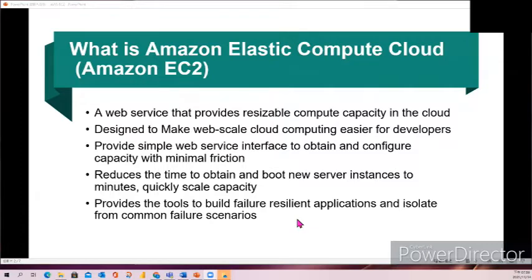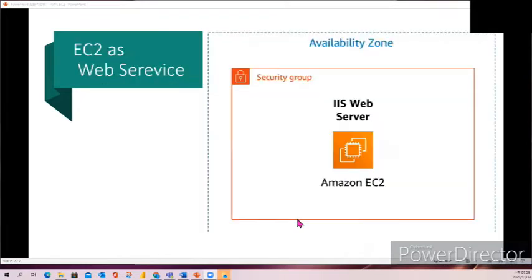It also reduces the time to obtain and boot a new server instance to minutes, allowing quick scaling of capacity. It also provides the tools to build failure-resistant applications and isolate them from common failure scenarios.